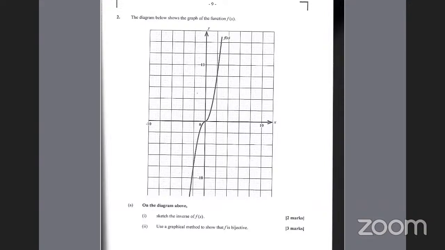How are we going to get the inverse and how are we going to show it is bijective?